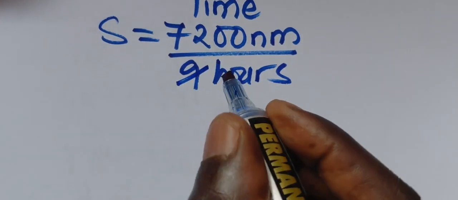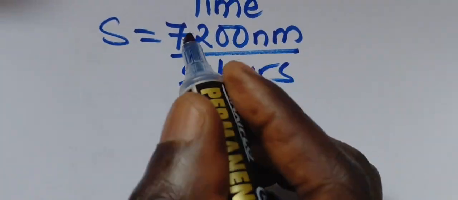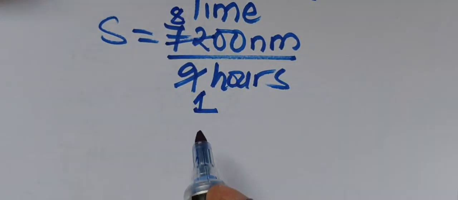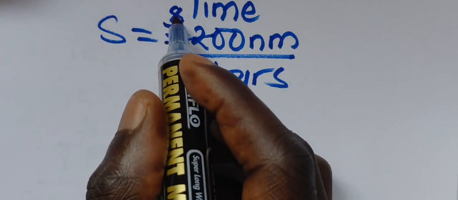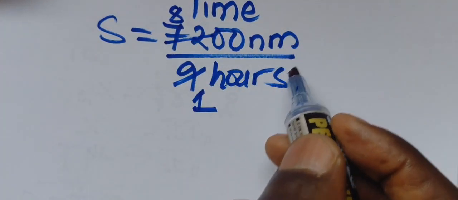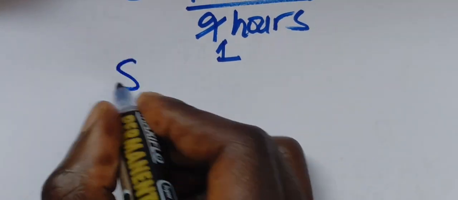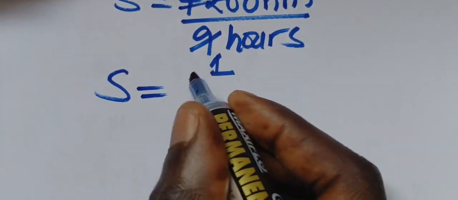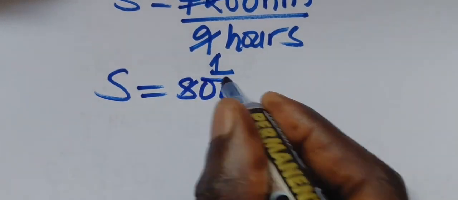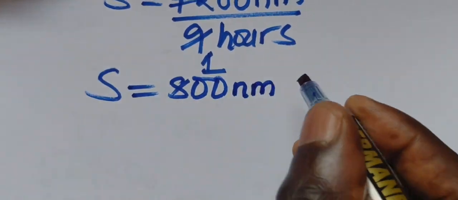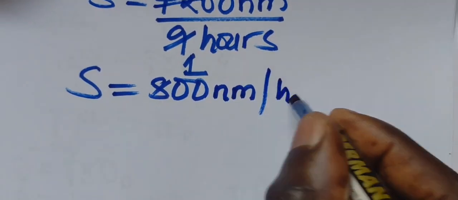So 9 into 9, this here gives 1. And 9 into 72, this here is 8. So we are getting 800 nautical miles per hour. So speed is equal to 800 nautical miles per hour.